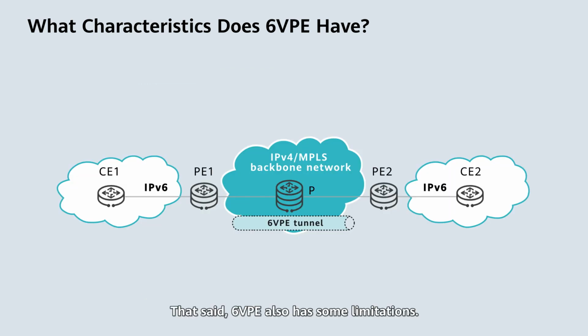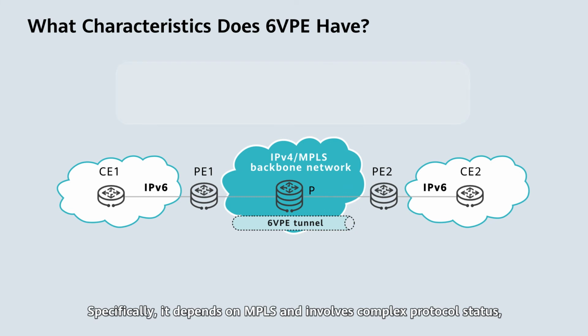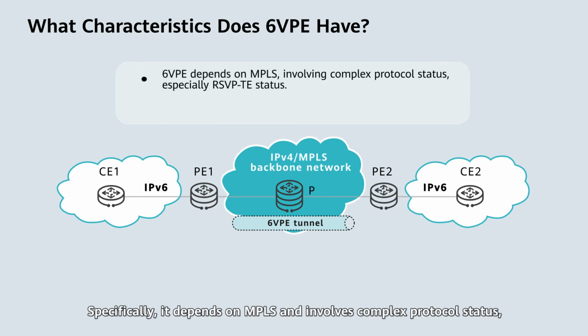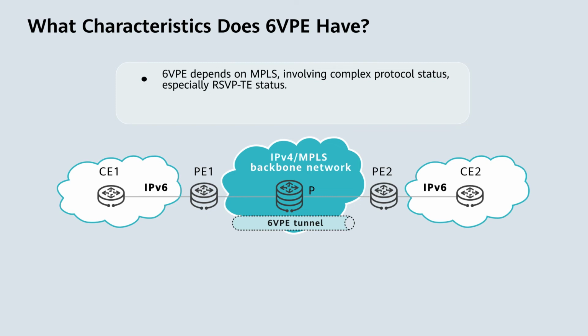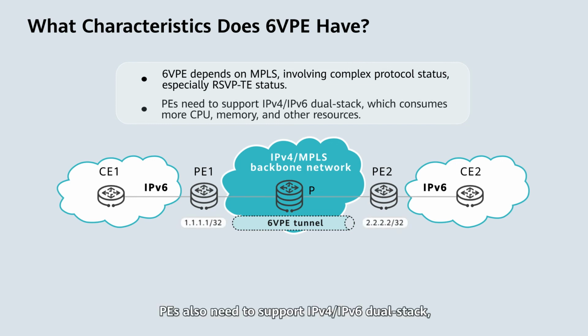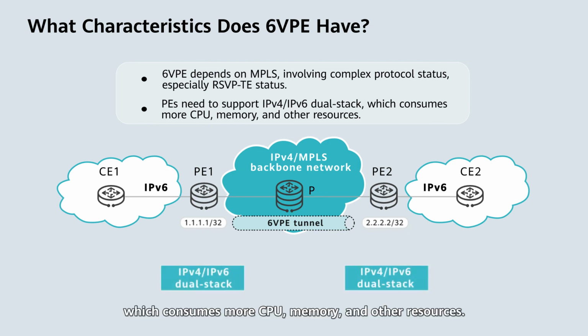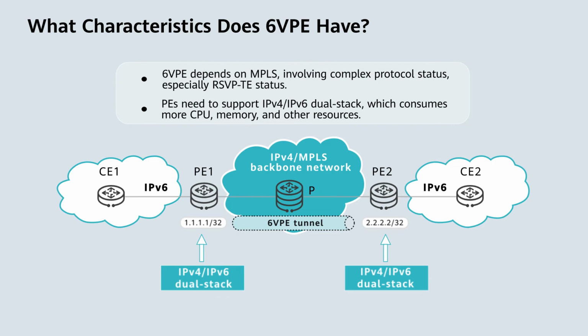That said, 6VPE also has some limitations. Specifically, it depends on MPLS and involves complex protocol status, especially RSVP-TE status. PEs also need to support IPv4 or IPv6 dual stack, which consumes more CPU, memory, and other resources.